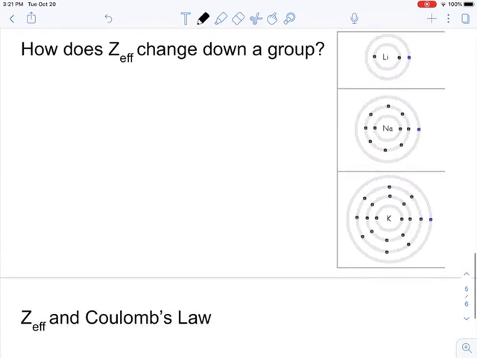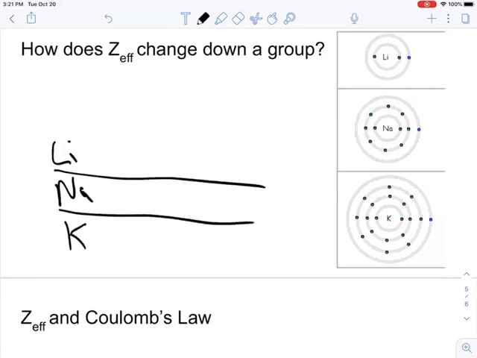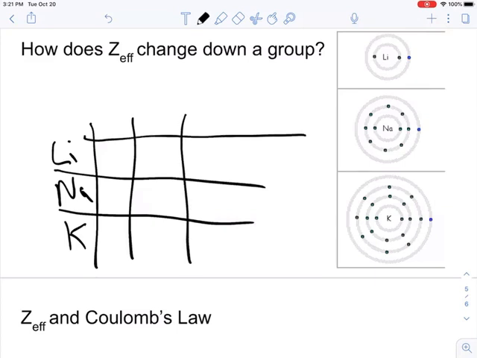Let's do the same thing down a group. For lithium, sodium, and potassium, we'll make the same table. Again, we're going to have the number of protons, the number of shielding electrons, and the effective nuclear charge.